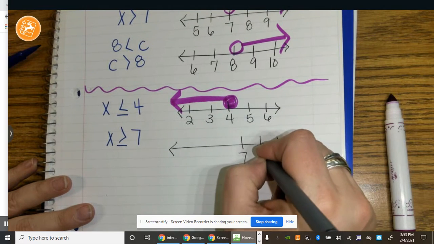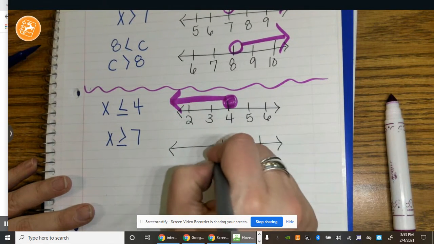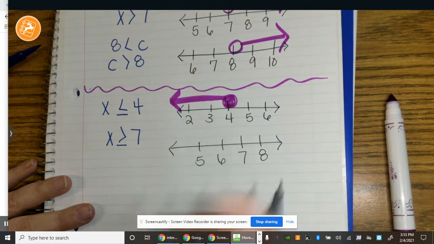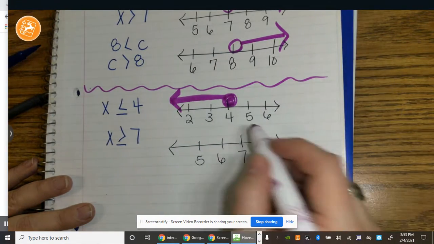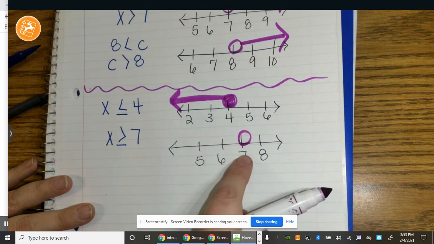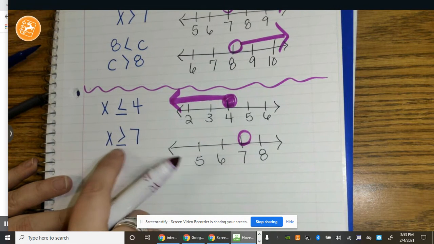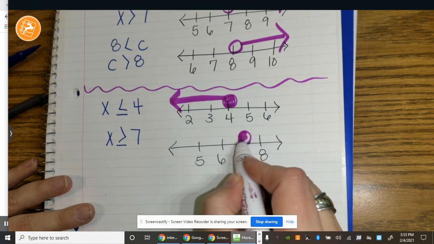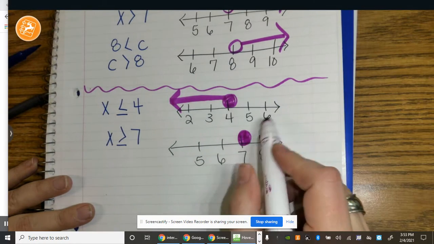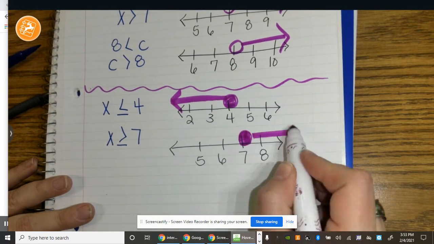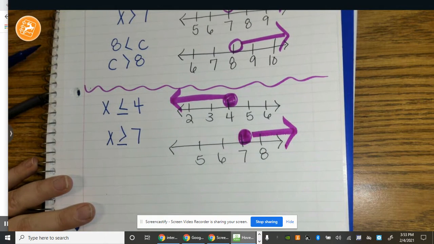So I'm going to go 7, 8, 6, 5. Okay. 7 has to be on there. I'm going to put a circle over 7. 7 is equal to 7. So 7 can be an example. And greater than. So every number greater than 7 is going to go to the right.